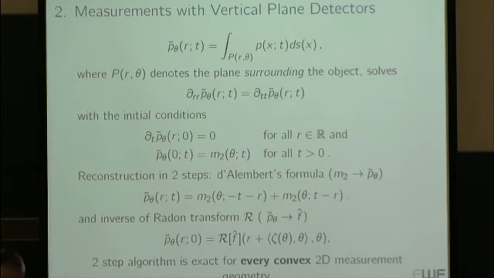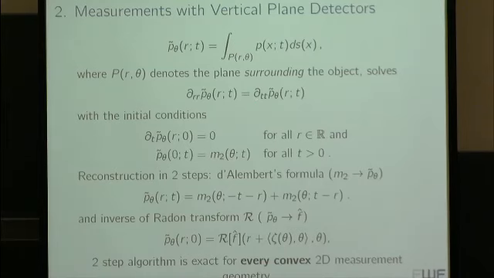Now if you take vertical plane detectors, you do the same trick, but you now average the pressure function along planes. And if you do the averaging along planes, you derive a one-dimensional wave equation.